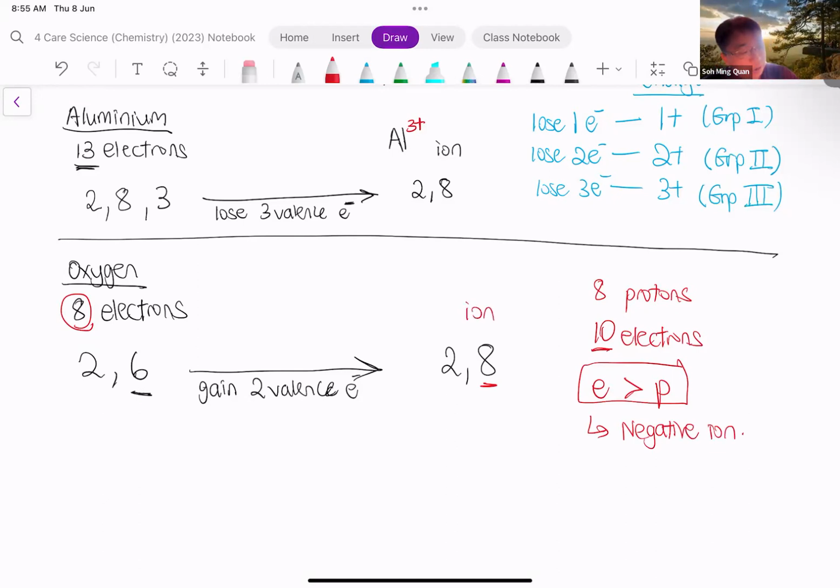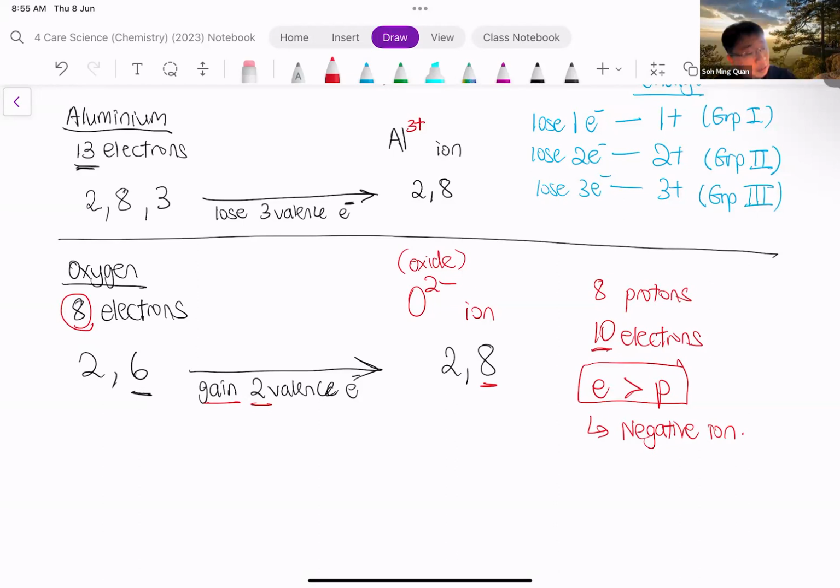And so this ion has a charge of minus. How many minus? How negative is it? It gained 2, so it's 2 minus. So this is called the oxide ion. Okay, so negative ions, the name will change slightly. Okay, oxygen atom, but oxide ion.